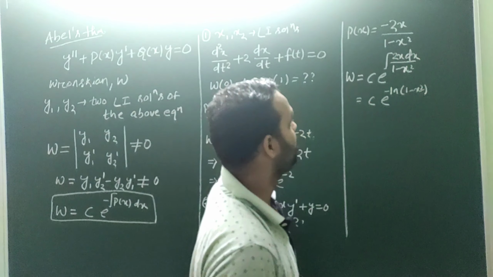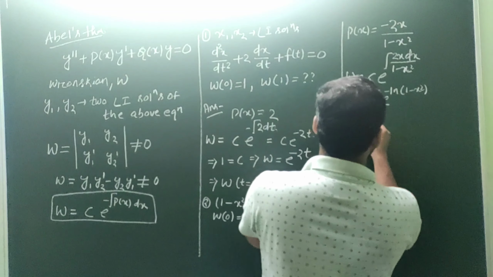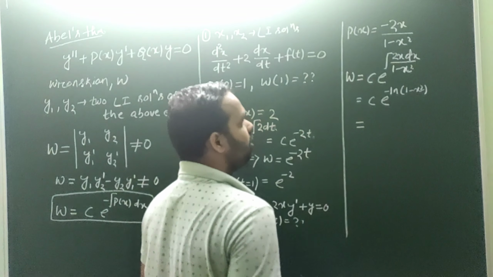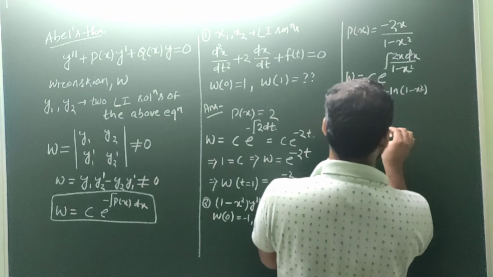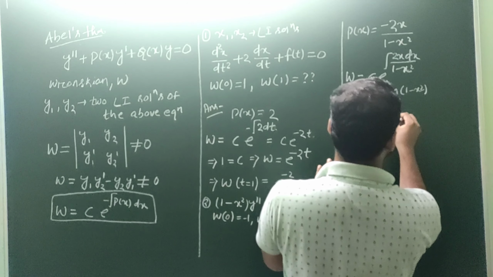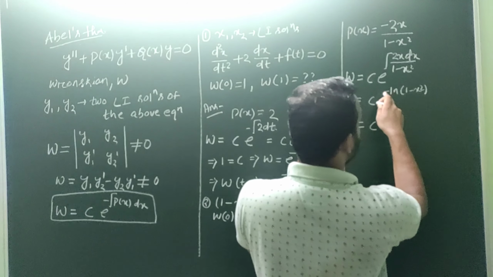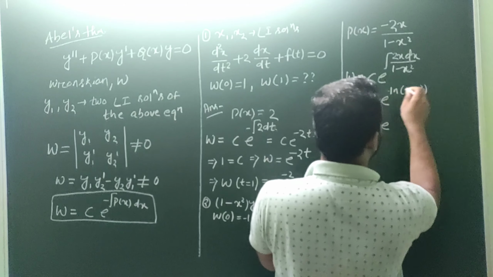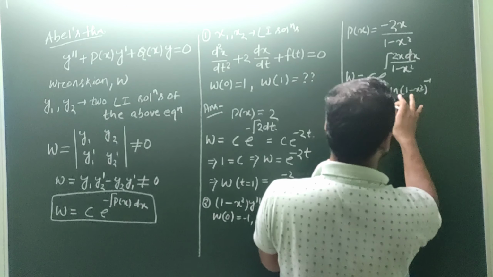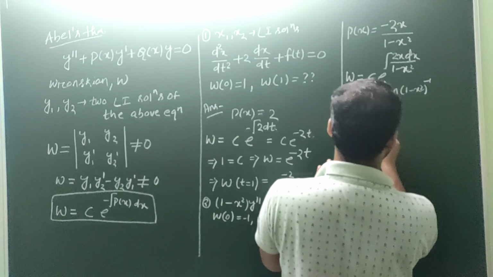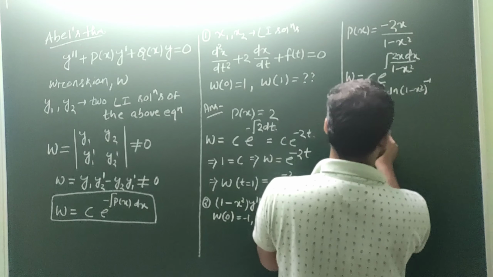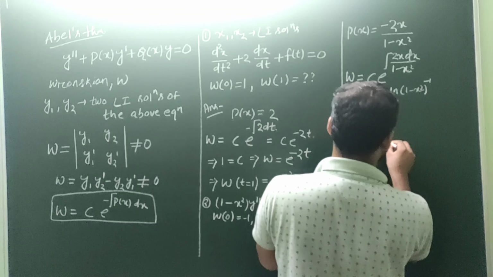So this will give you this. Using the properties of logarithms, this minus 1 goes here, and e to the power log something will be something, so this will give you C divided by 1 minus x square.